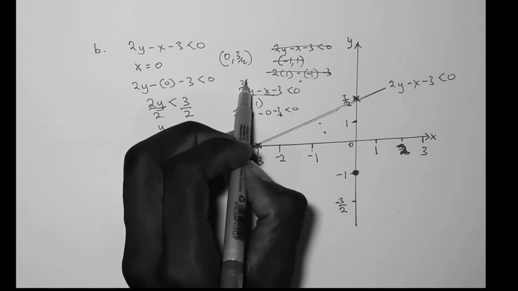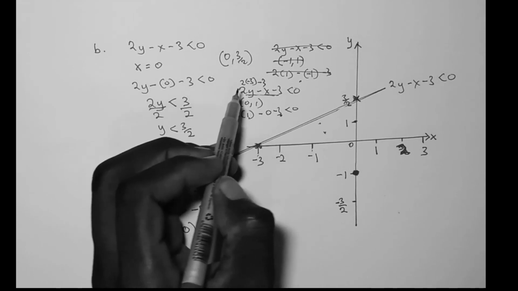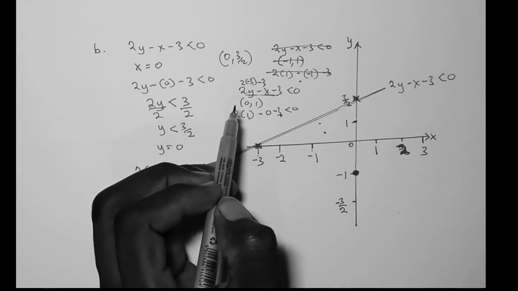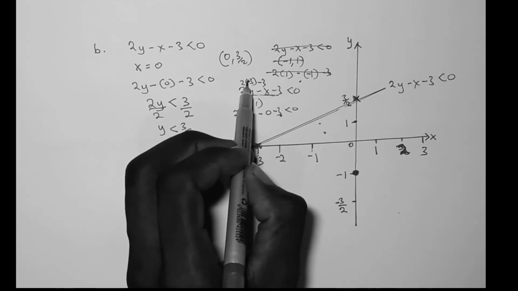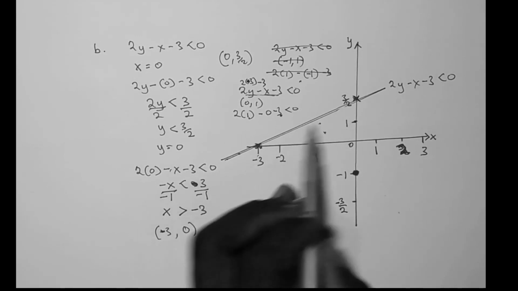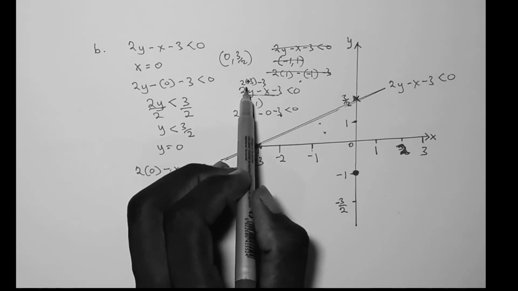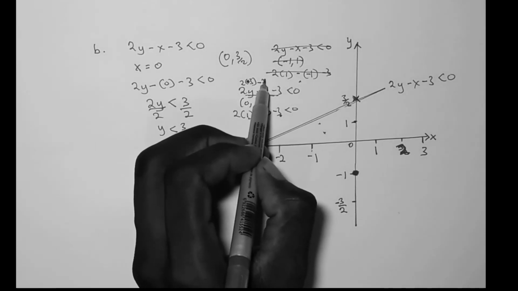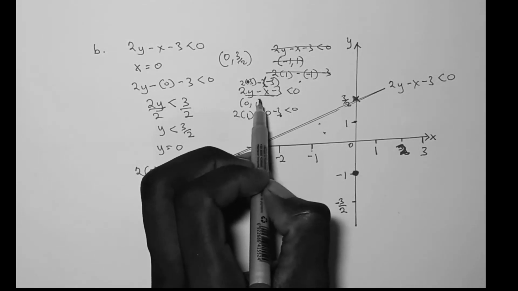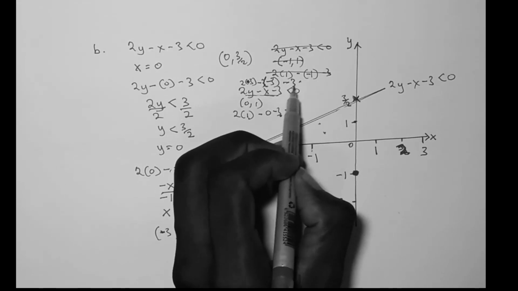So 2 times 3, because we are taking the point (minus 3, 3), minus the x value, which is minus 3, so minus minus 3, is less than 0.